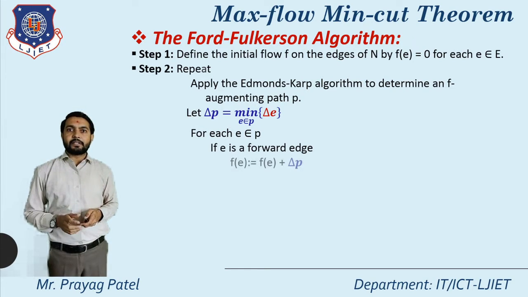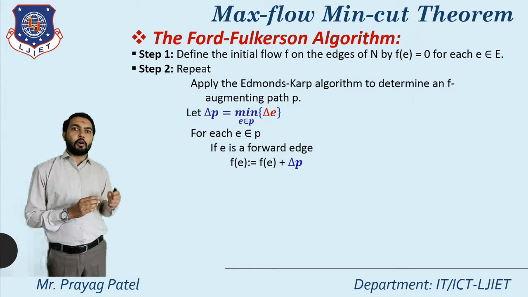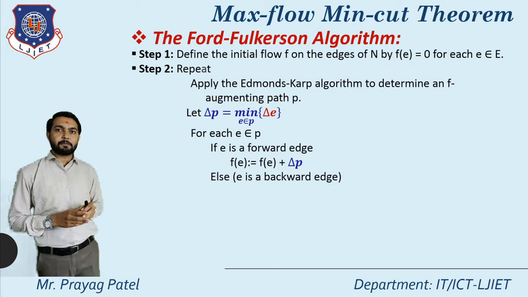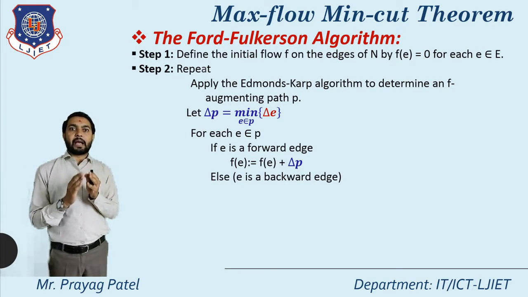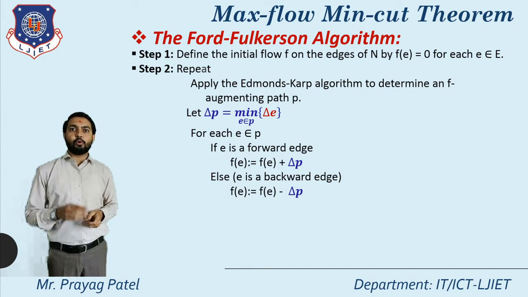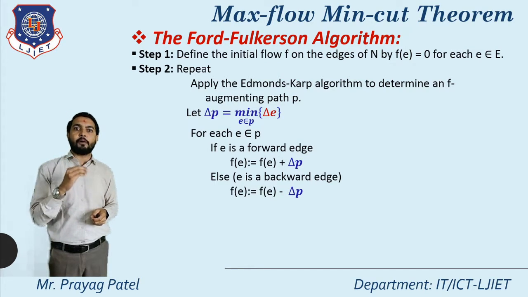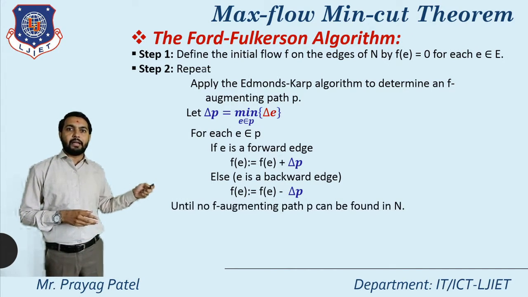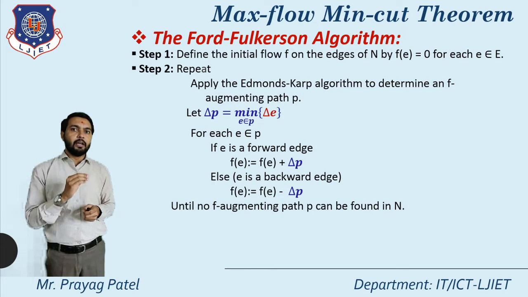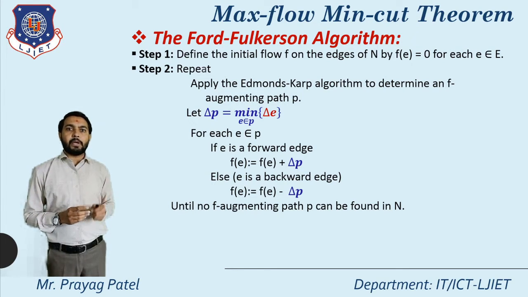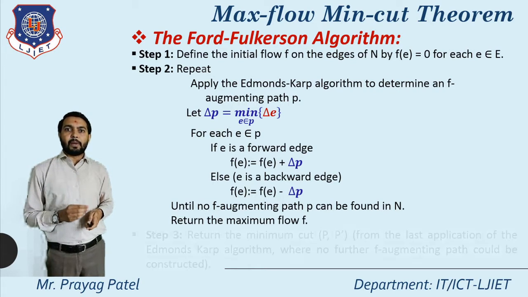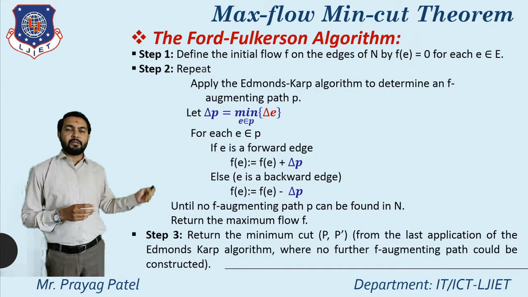If E is a forward edge, then flow of E equals flow of E plus delta. Now the else part: if the edge is a backward edge, then flow of E equals flow of E minus delta P. So we decrement by delta P. We repeat this step until no augmenting path P can be found in N. Then return the maximum flow.